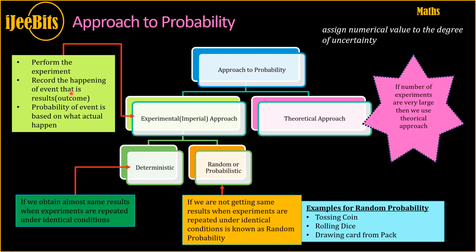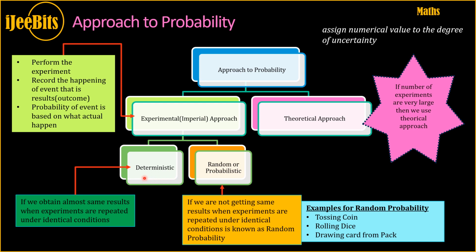Whatever is happening, record the happening of the event, that is an outcome. Result is nothing but outcome. Probability of an event is based on what actually happens, which is what you are going to record. So through the experimental approach, you will be able to assign a numerical value to a degree of uncertainty.